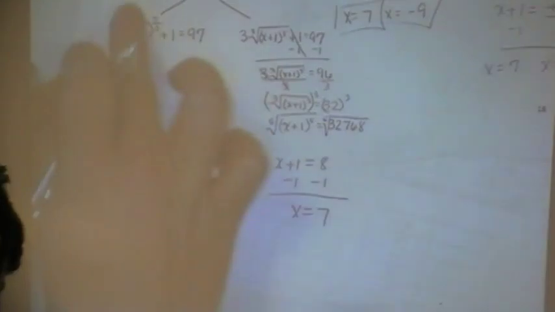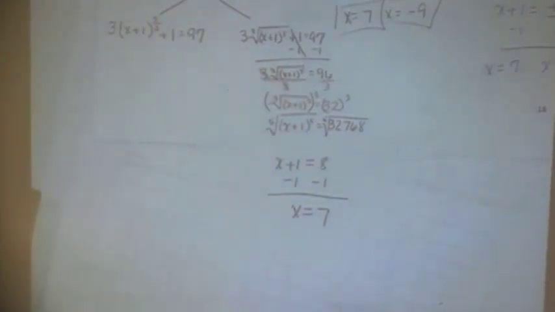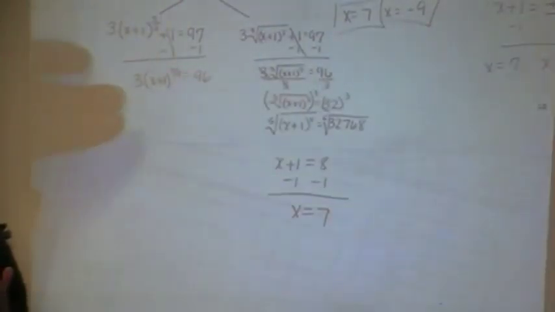Alright, so now I'm going to do it the rational exponent way. Subtract 1. Divide by 3.